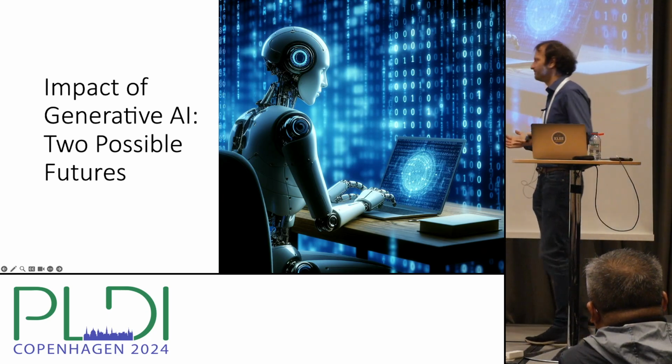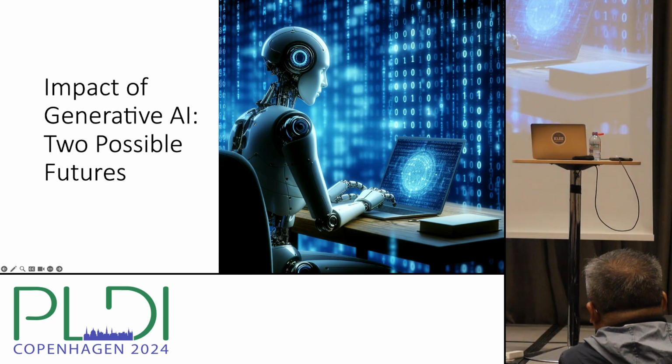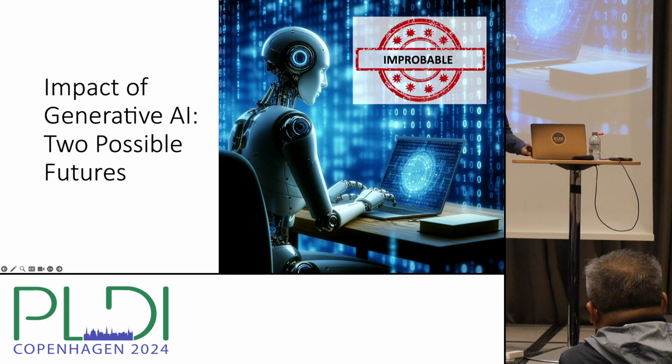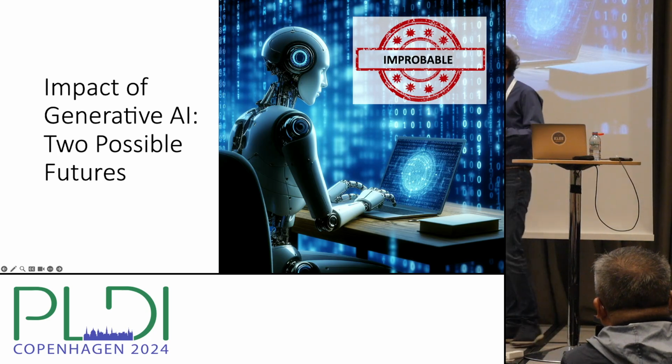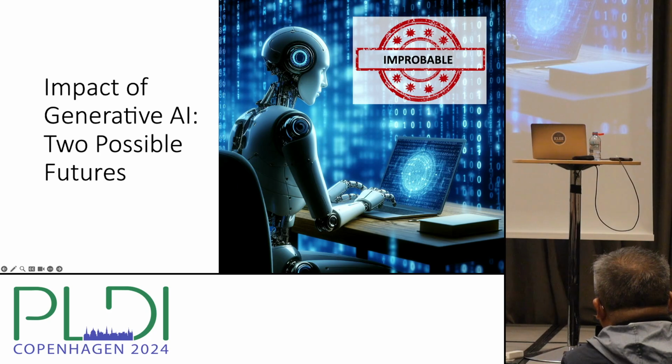I see two possible futures. One future is one in which Gen AI is going to do everything for us. It's going to write perfect code, correct by construction. There's nothing for us to do other than talk to the AI to say what you need. Now, I think that's actually quite an improbable future, except for perhaps some niche domains here and there.